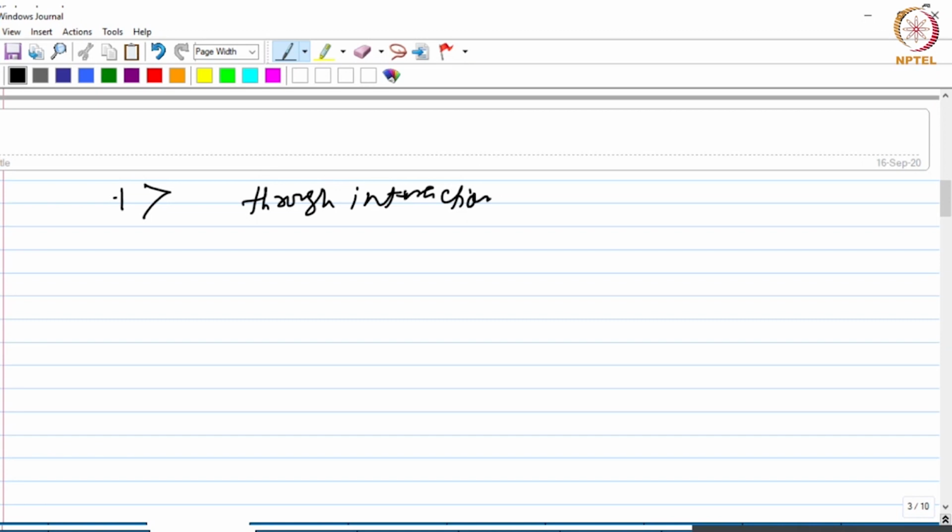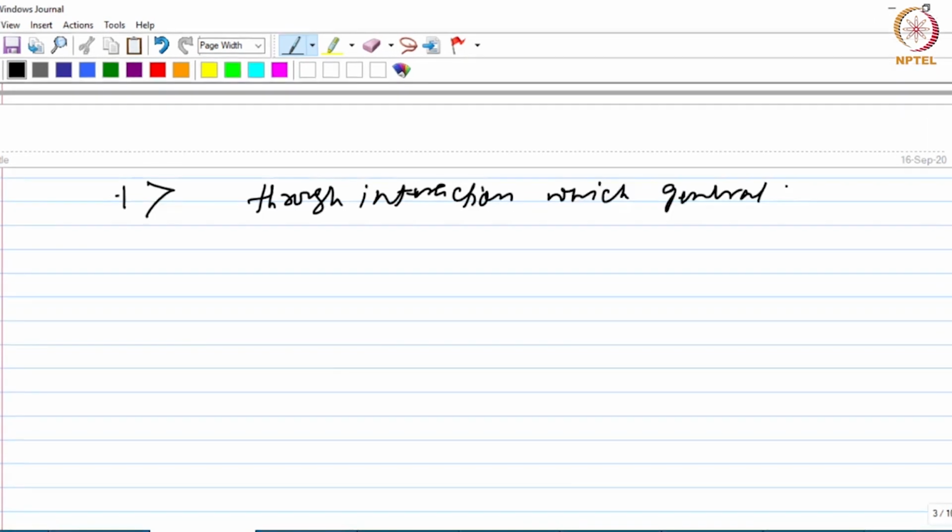So there are three ways of looking at how the dislocations would interact with each other. One of them we have already seen, through interaction of dislocations which generate sessile locks, or those kinds of kinks and jogs on the dislocation lines which cannot move.